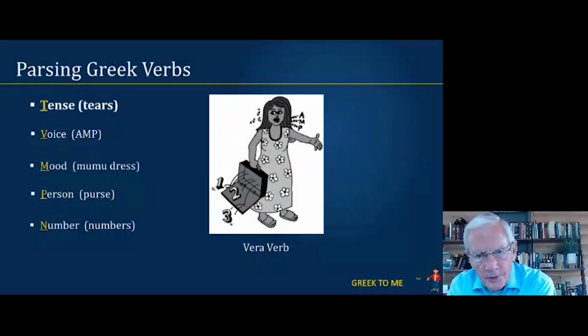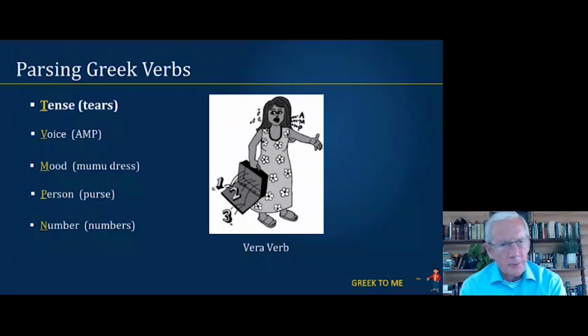Now, remember the presentation on parsing Greek verbs. And there we have verb. There we have tense, and you'll see her tears, which are uptight. Then we have a voice, which means how the subject of the verb is related to the verb, and we have the active voice, the middle voice, and the passive voice.